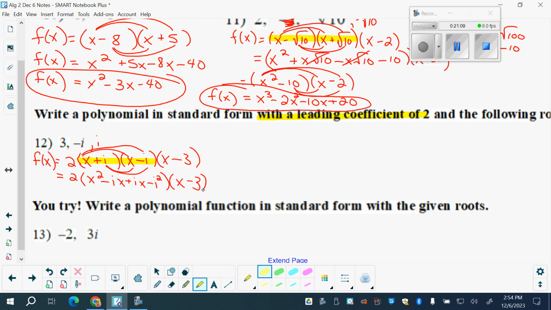So we want to simplify this next. The negative i squared, how does that simplify? Opposite of negative 1, since i squared is negative 1, so this gives us 1. So this would be 2 times x squared plus 1 times x minus 3.